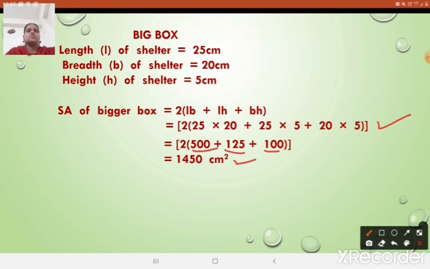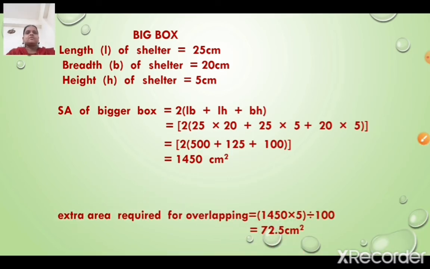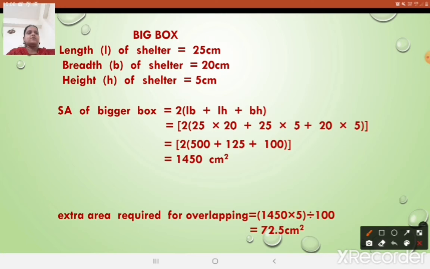What is this value? This is the total surface area of one bigger box, excluding the overlapping. Correct. Now we will find the area for overlapping. Okay. So let us see. The extra area required for overlapping is what? 5% of surface area. Do you remember? Yes. So it will become as what? 5%.